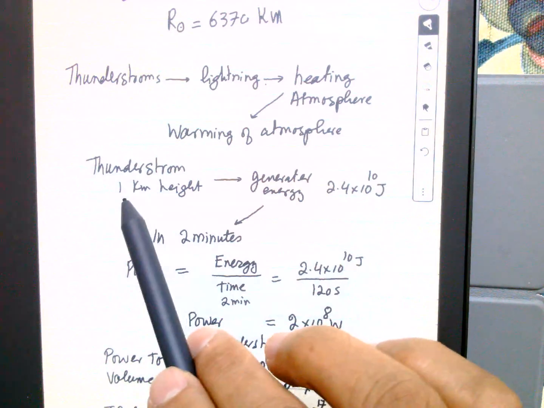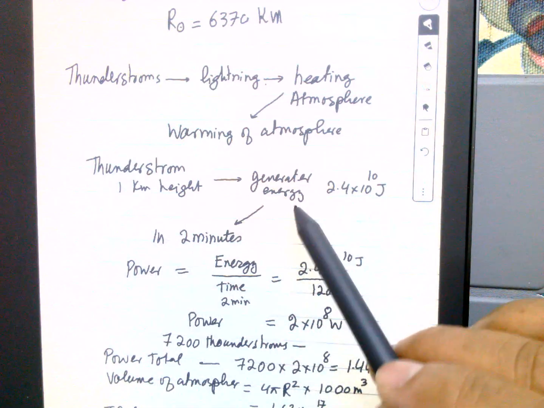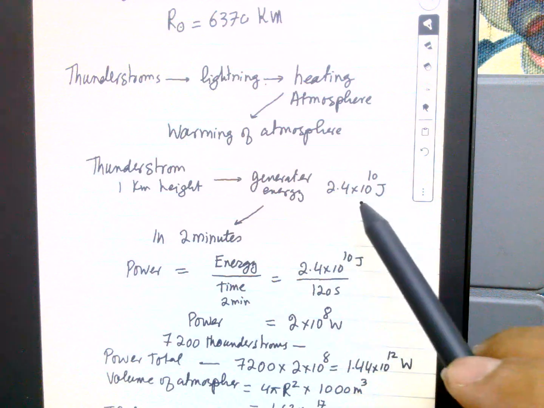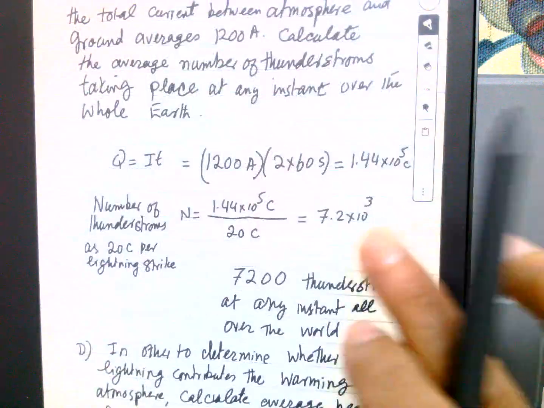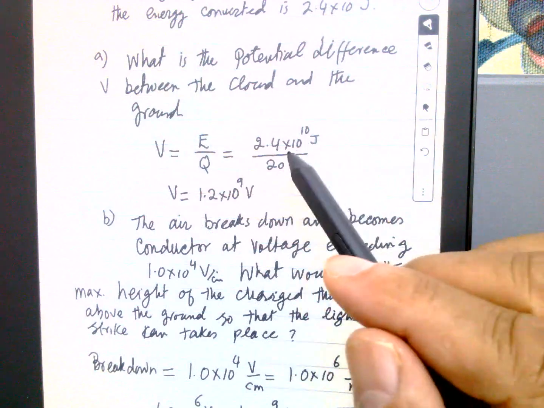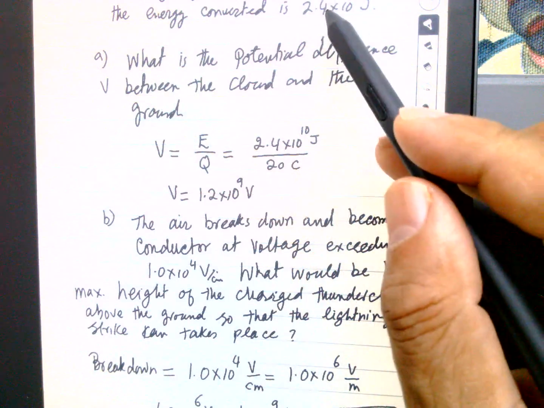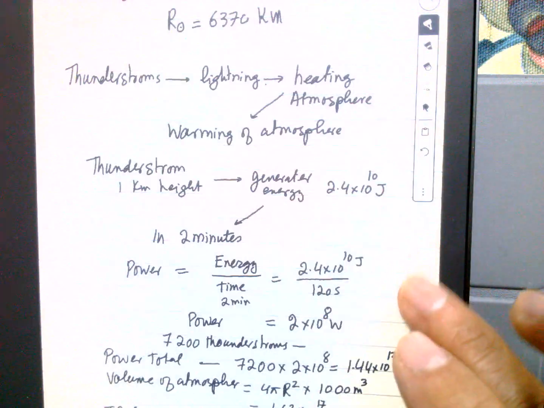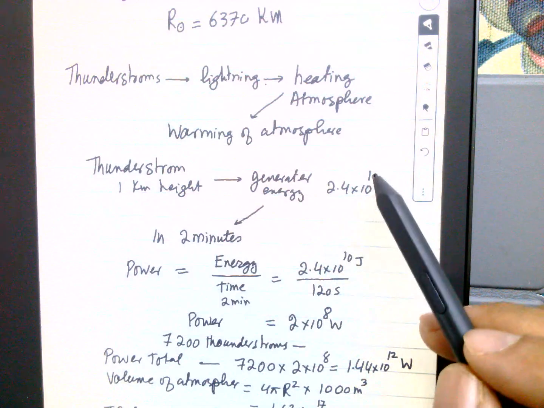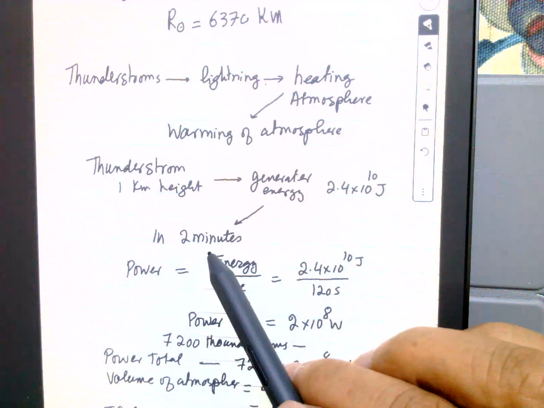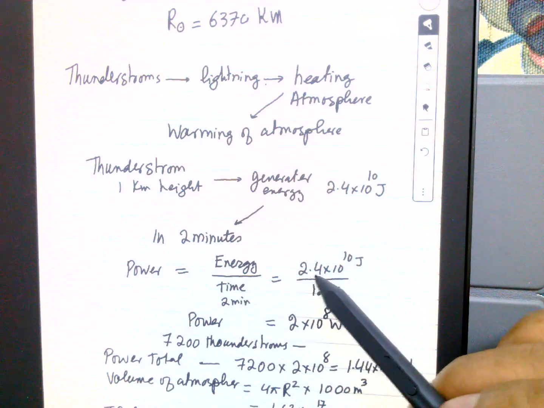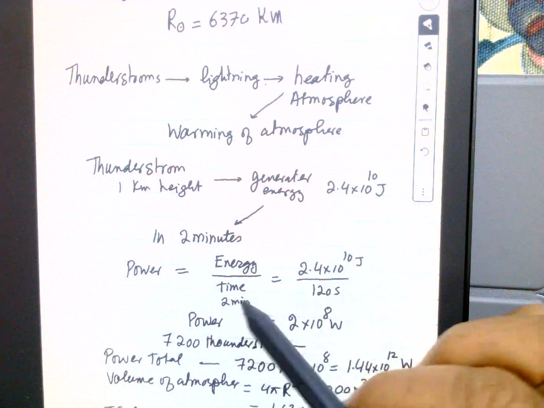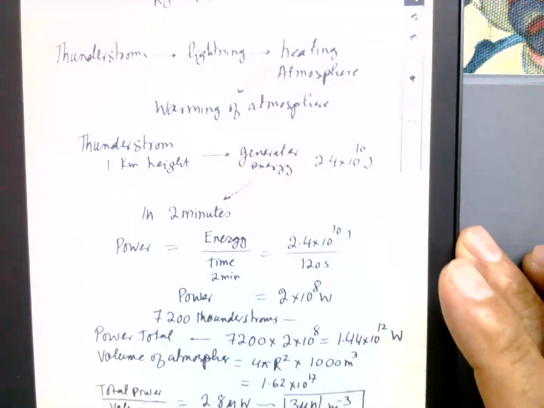So a thunderstorm strike at 1 kilometer height will generate energy equal to 2.4 × 10^10 joule, which we already have. In 2 minutes, the power will be energy over time. So that is 2.4 × 10^10 joule divided by 2 minutes, and 2 minutes is 120 seconds.